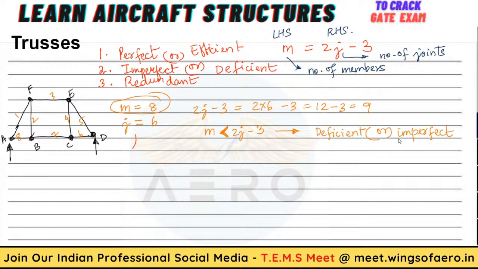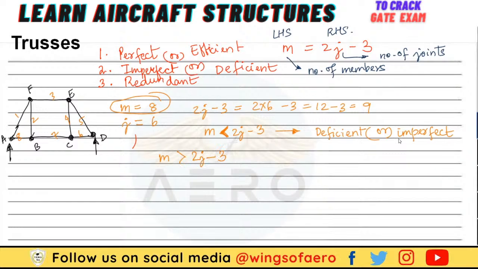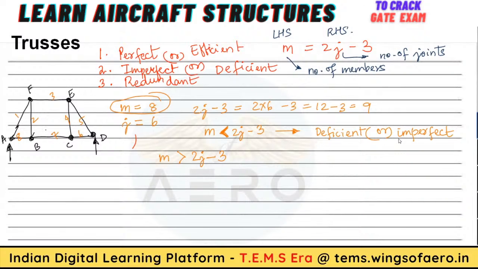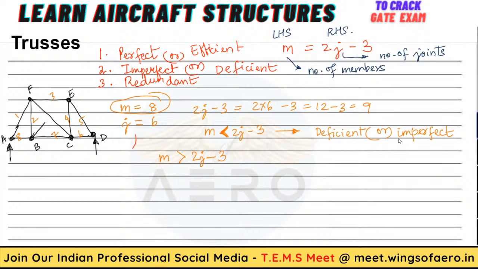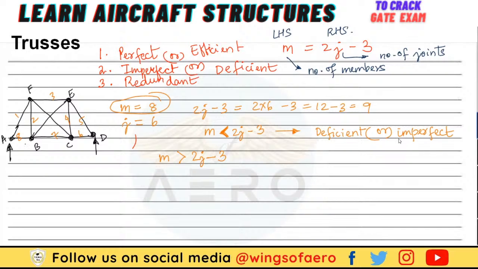Then if we have M greater than 2j minus 3, for example, let me remodel this figure. I have included another 2 members.